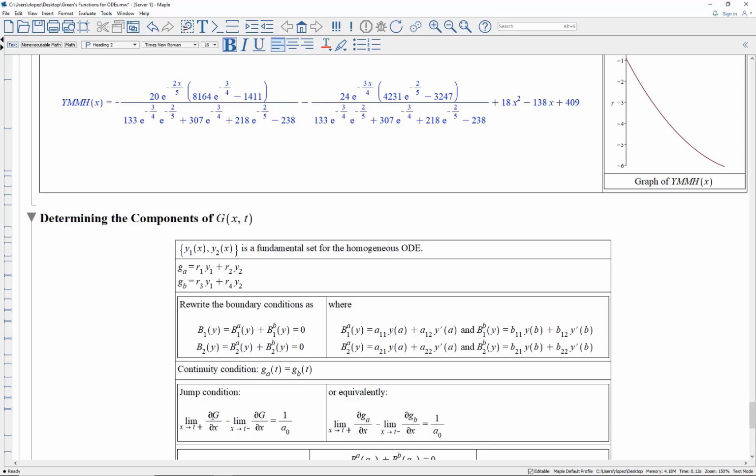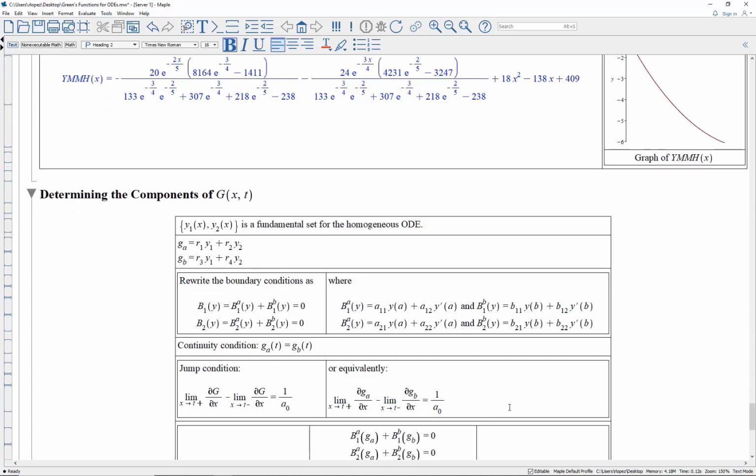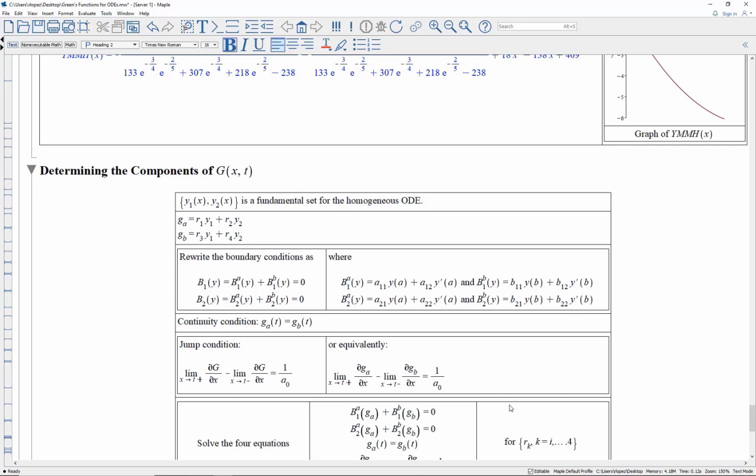If you just say G here and G here, generic G, you're always scratching your head saying, which piece of G do I deal with? So I've written here you are taking GA, and here you are taking GB. Then you apply the boundary conditions in the following way. This piece of the boundary condition is applied to GA, and this piece of the boundary condition is applied to GB.